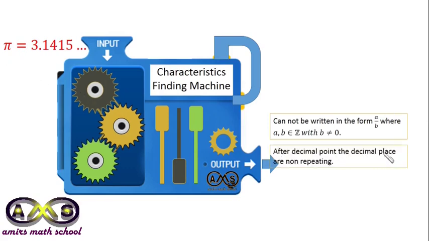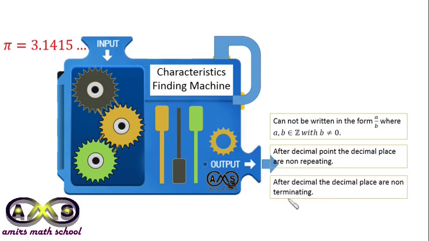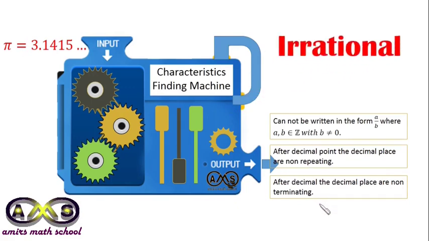After the decimal point, the decimal places are non-repeating; here you see the non-repeating 1 4 then 1 5. After the decimal point, the decimal places are non-terminating; they never terminate. So the given number is a non-terminating, non-repeating decimal. So this one must be irrational.